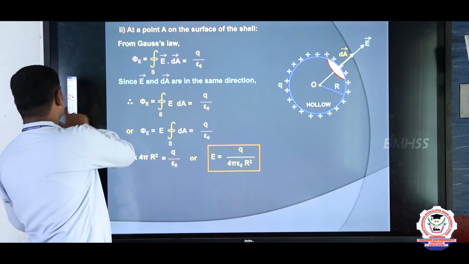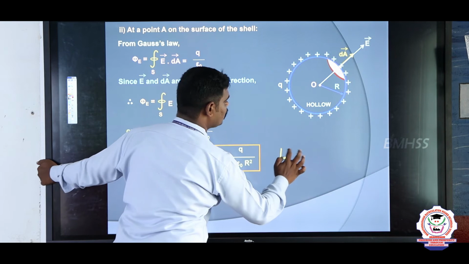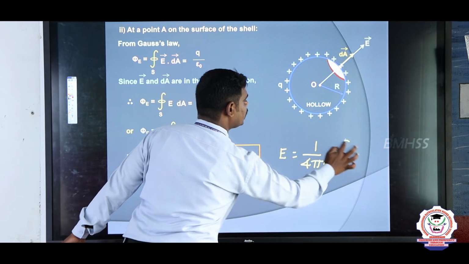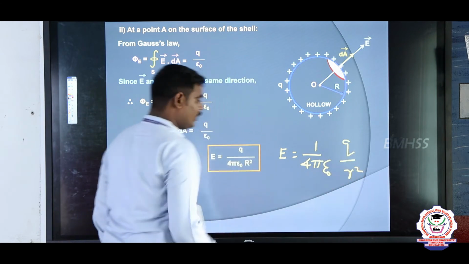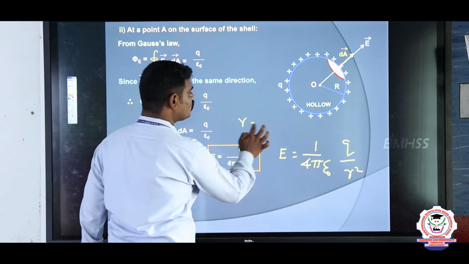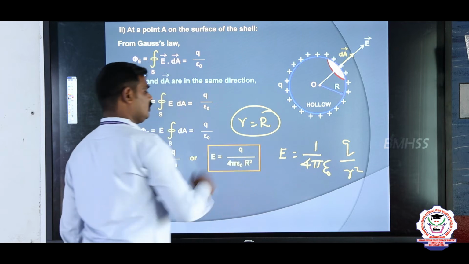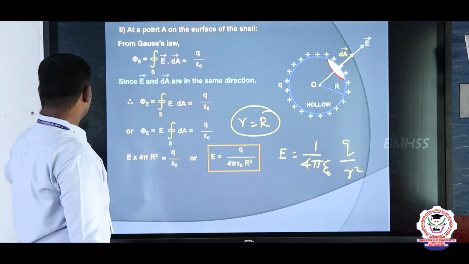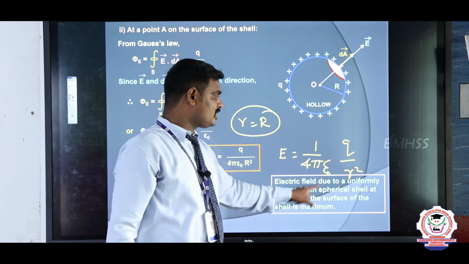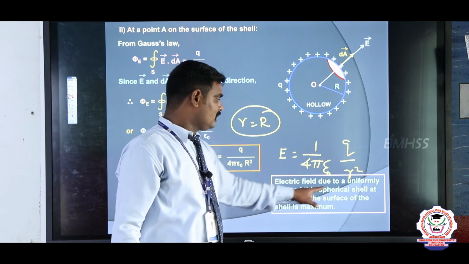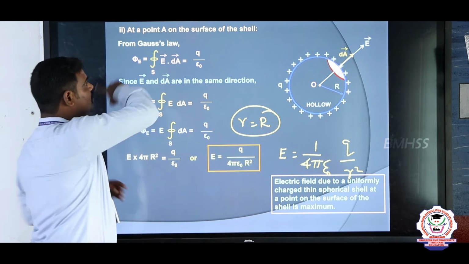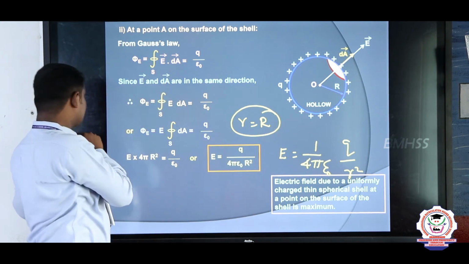In the last case we got E equal to 1 by 4 pi epsilon naught into Q by small r square, but here we got a capital R square, because small r is equal to capital R. The electric field due to a uniformly charged thin spherical shell is maximum on the surface.